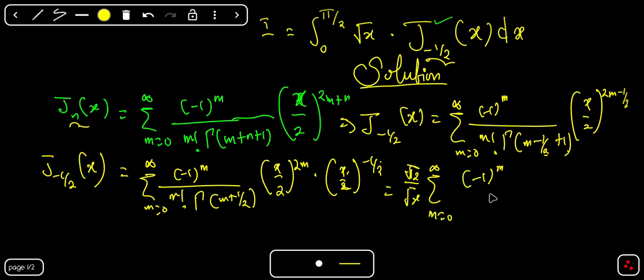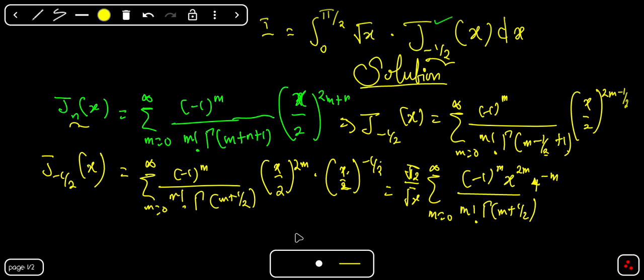Then everything is multiplied by the sum of m from 0 to infinity of minus 1 raised to the power of m, over m factorial multiplied by gamma of m plus half, then multiplied by, if we apply the law of indices here also, x raised to the power of 2m multiplied by 1 over 2 raised to the power of 2m. What will that give us? That will give us 4 raised to the power of minus m.